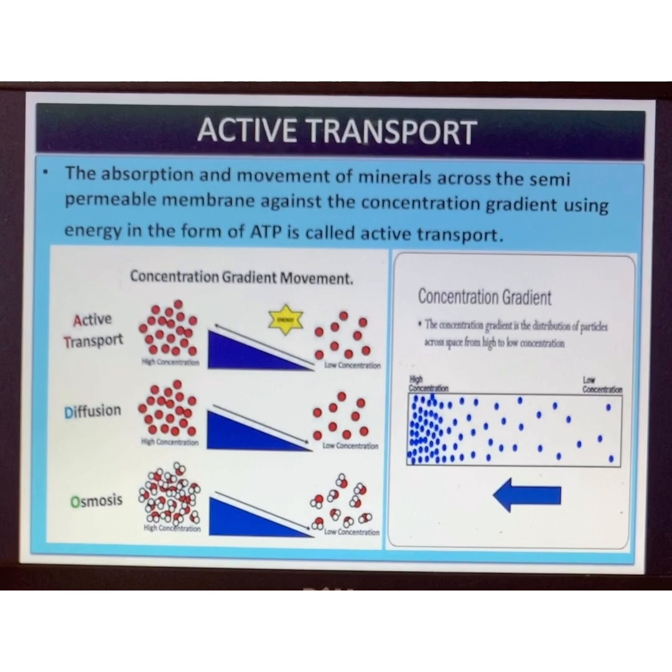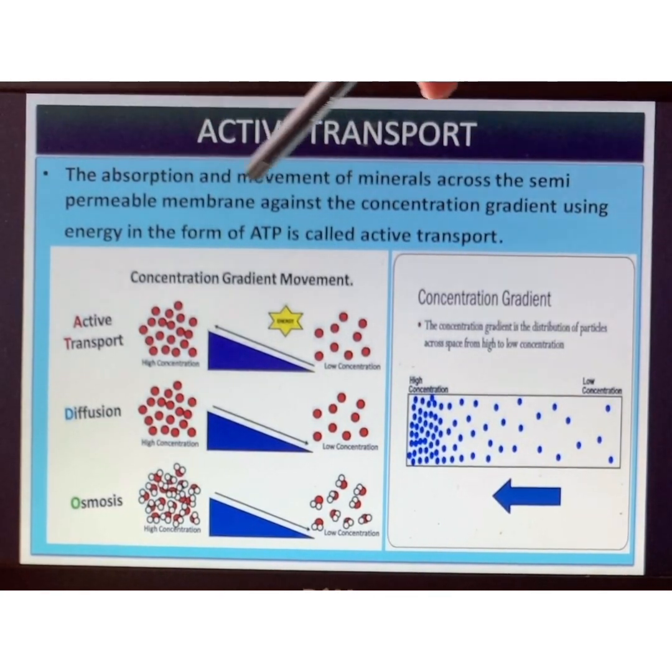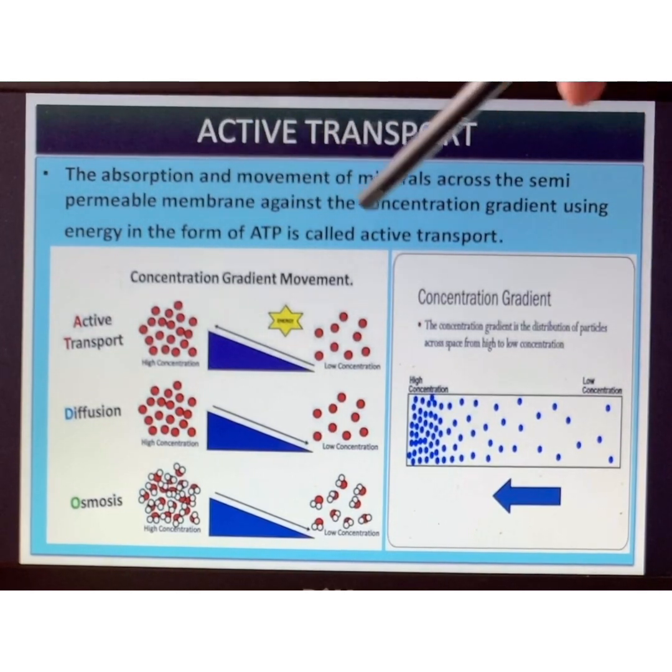All right. So what is basically active transport? Let's just have a look at the definition. It says the absorption and movement of minerals across the semi-permeable membrane against the concentration gradient using energy in the form of ATP is called active transport.